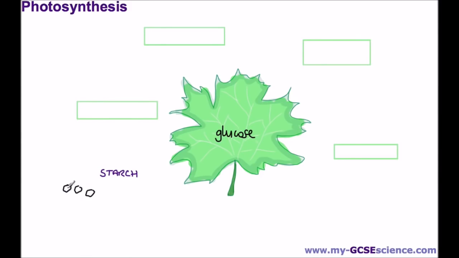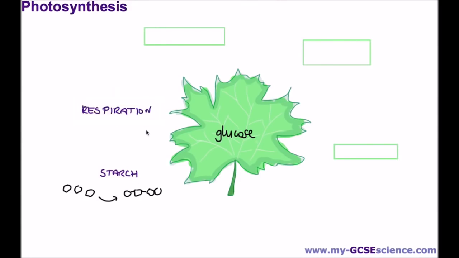That looks like this. It can be drawn as a hexagonal shape, but when it's converted into starch, it's made into long chains. Not going to spend ages on that, but it's converted into long chains and stored away in the leaf. So starch is how the glucose is stored, and it's very useful because it can be tightly packed up and put away, and then used later on when it's required.